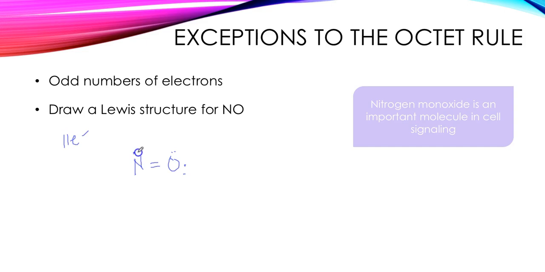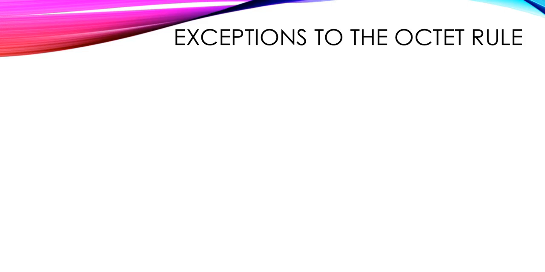I've only got 3 more to play with. I can do a lone pair on the nitrogen and 1 lone electron on the nitrogen. That's really the best I can do. This actually is the preferred structure. And there's really no other good way to handle it because Lewis structures are all built around pairs of electrons, and if we have odd numbers of electrons, that simply can't be. So I thought I would mention that briefly.